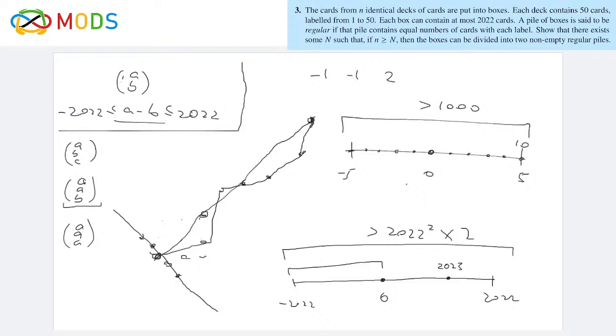The idea is like if you have some number which appears k times. Okay, assume k is greater than like 20. Assume k is very large.